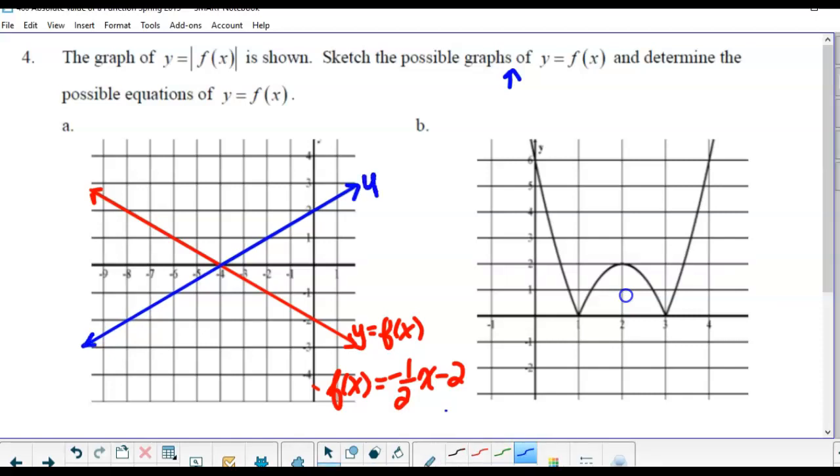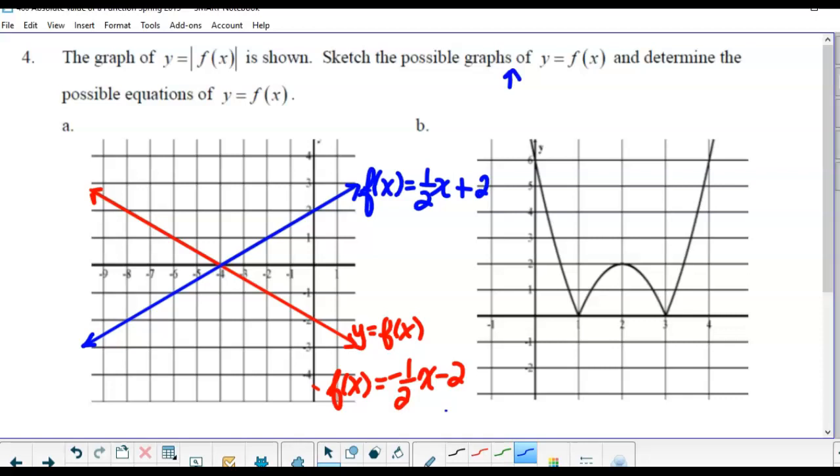So this would be f of x equals +1/2 x plus 2. Either of those are possible original graphs.